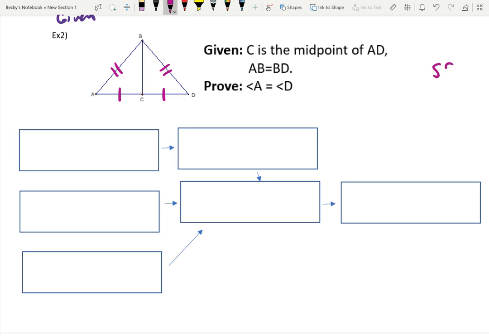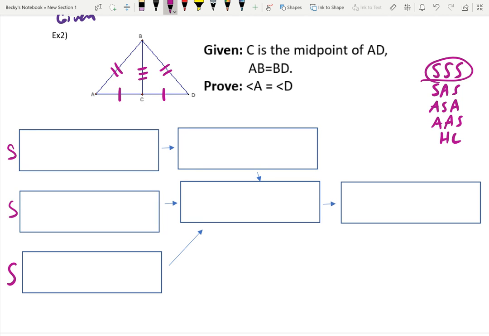And let's remind ourselves: side, side, side; side, angle, side; angle, side, angle; angle, angle, side; and HL. Okay, we need one of those to work. So where's another piece of information that's not given, but we can go ahead and mark? And you got it. It is that reflexive side there in the middle. So we are going to use side, side, side.